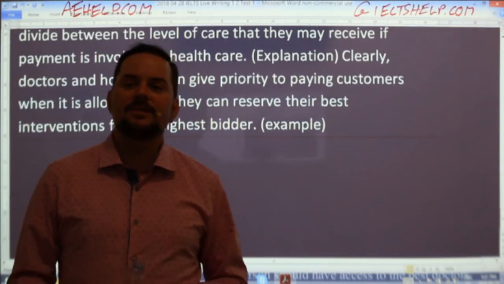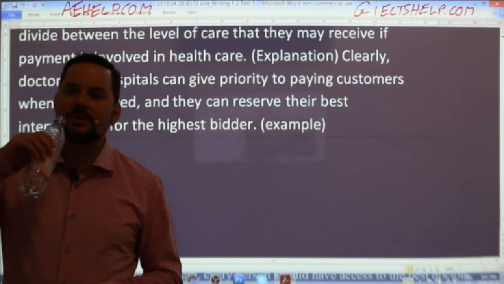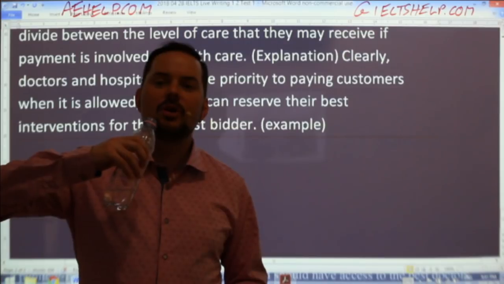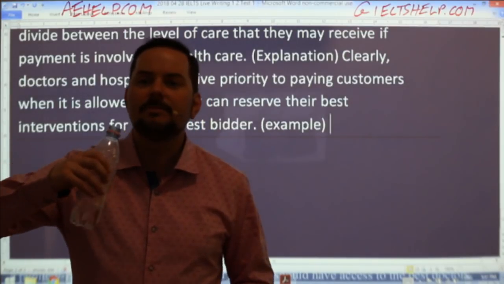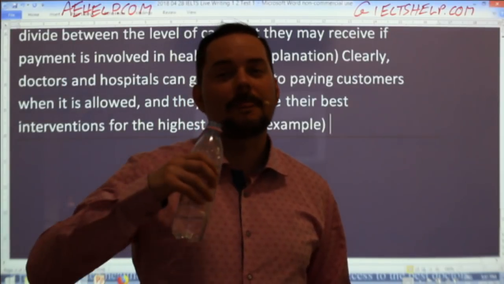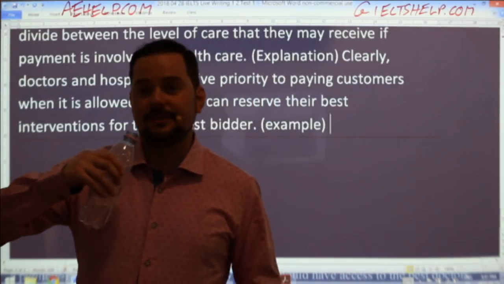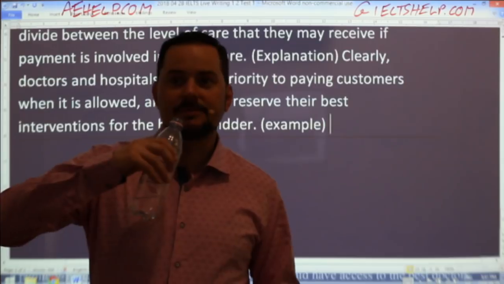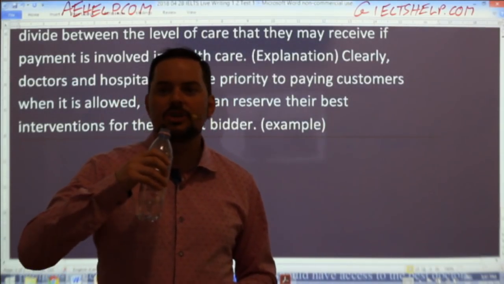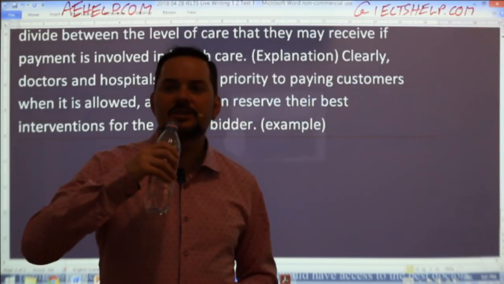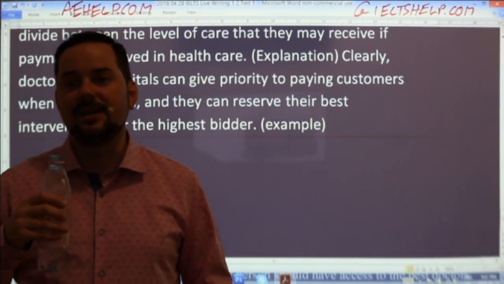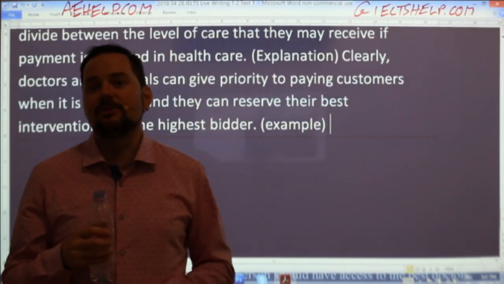SAFA, for instance, countries that have private medical systems, such as the USA, because the USA is in a big way private. You have to pay for medical insurance. For instance, private dentists always give better treatments to their clients than the ones who are entitled to the public. Yeah, that's a good example too, Sarah.